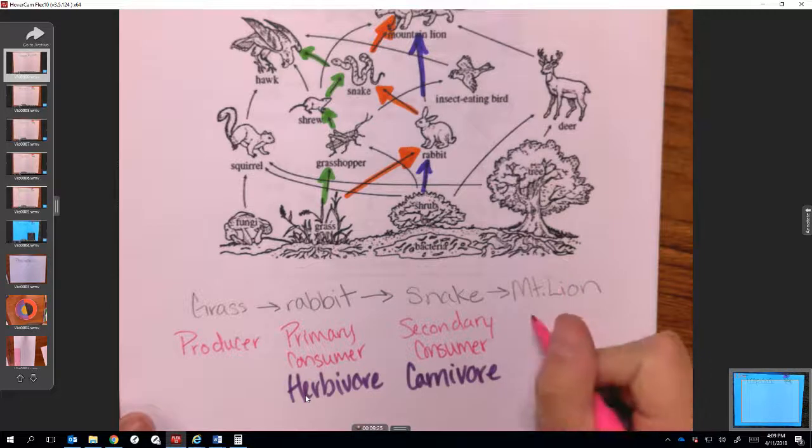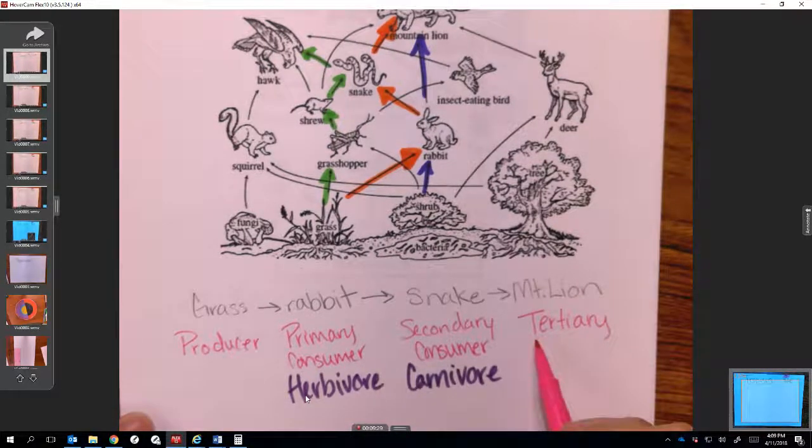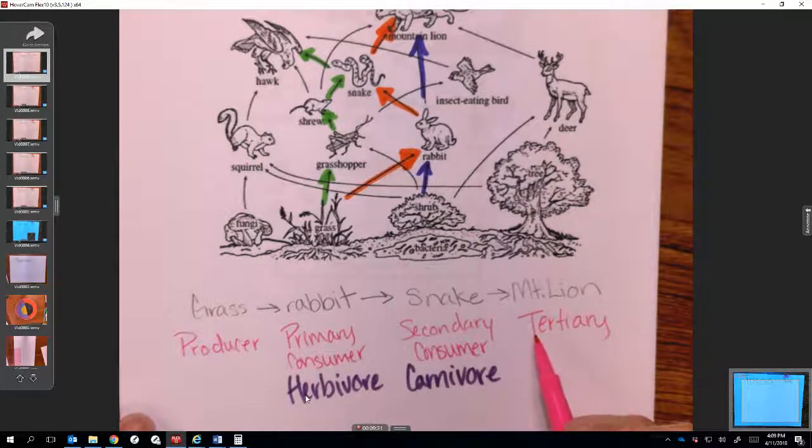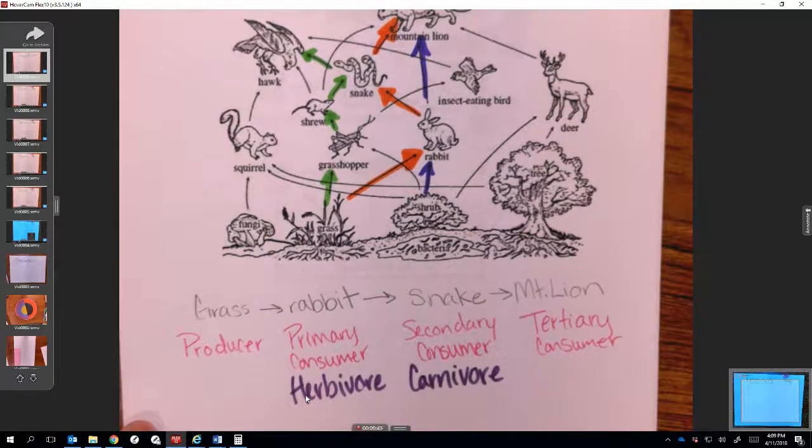The mountain lion we could say is tertiary. So T is third, starts with T, 3 starts with T, tertiary consumer. You can have more consumers than tertiary, but we're going to only focus on up to tertiary. Again, you can call him an apex predator or a carnivore because he's eating meat.